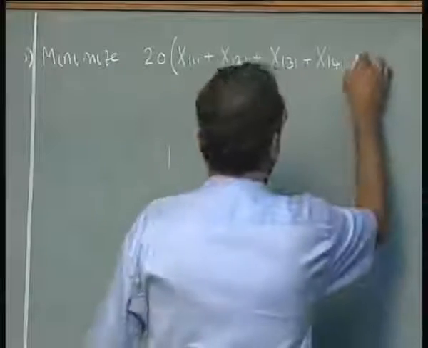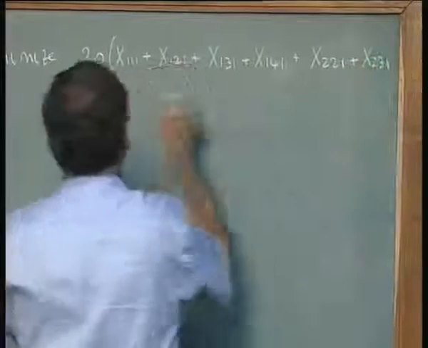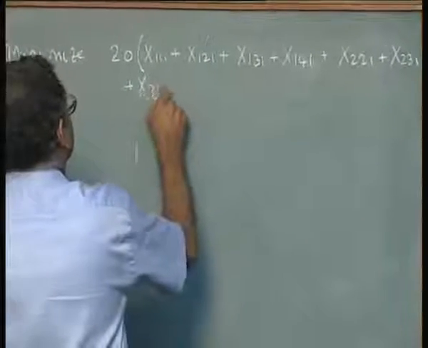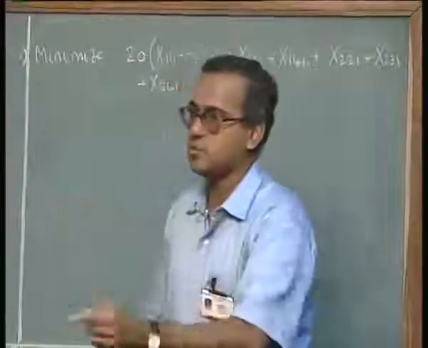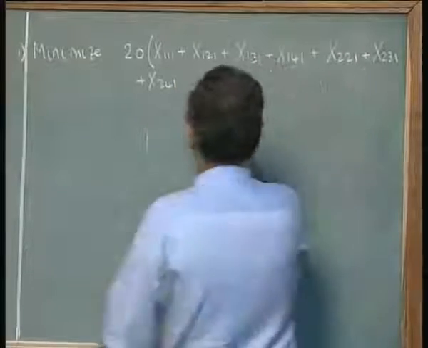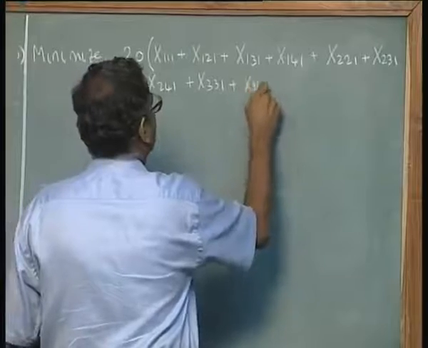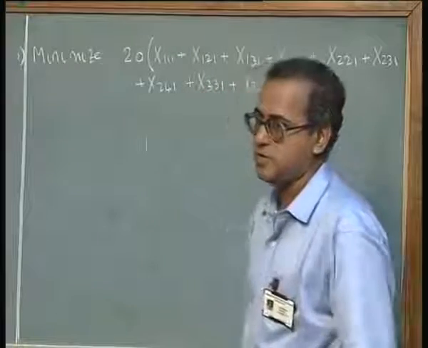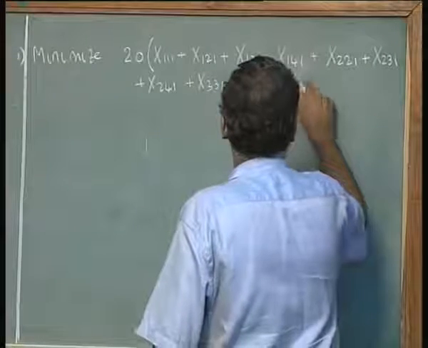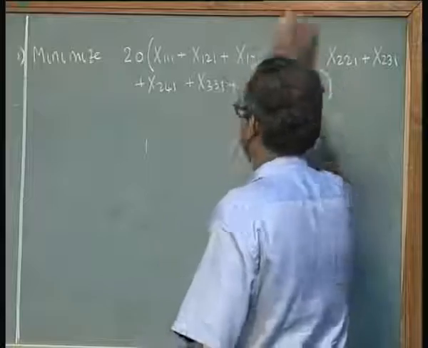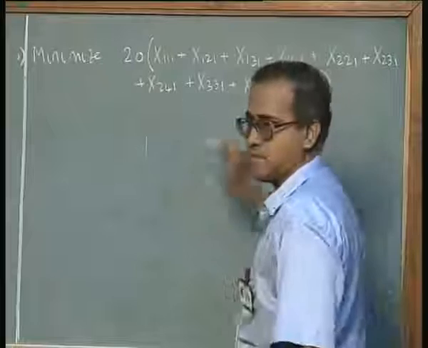In the second month, I produce x221 plus x231 plus x241, because in the second month I can produce only to meet the demands of months 2, 3 and 4. So, I have 3 terms. Now, I have x331 plus x341, which is the third month's production to meet the demand of either 3 or 4, and x441. So, these are my regular time production quantities. So, 20 for all this.